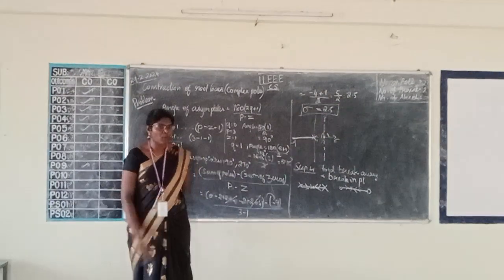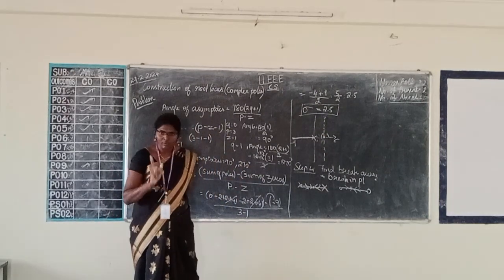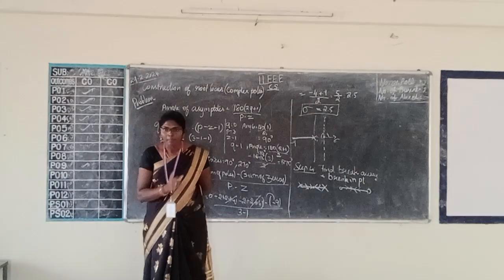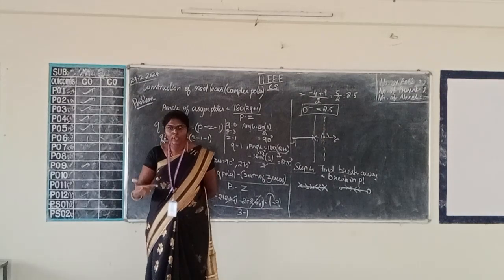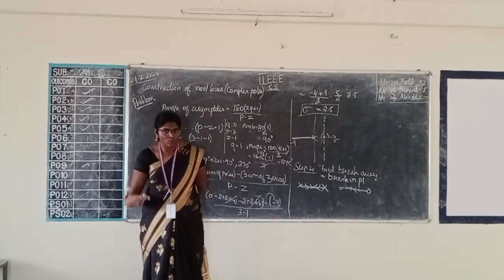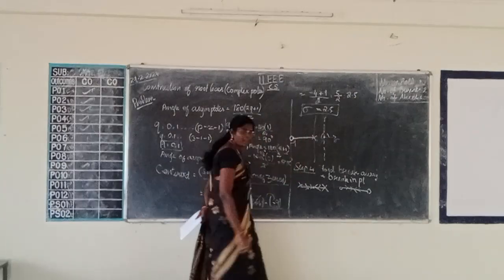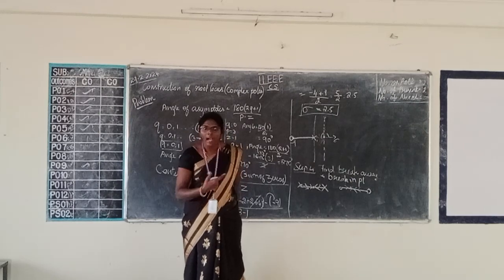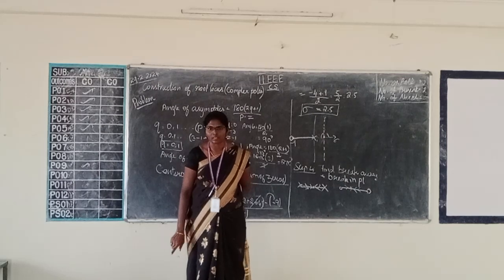But here in this problem, by applying this condition, where should the breakaway and break-in points lie? The breakaway point should lie between two poles. The break-in point should lie between two zeros. But in our root locus, how is it? The root locus exists between a pole and one zero. If it is like this, there will be no breakaway and break-in point.